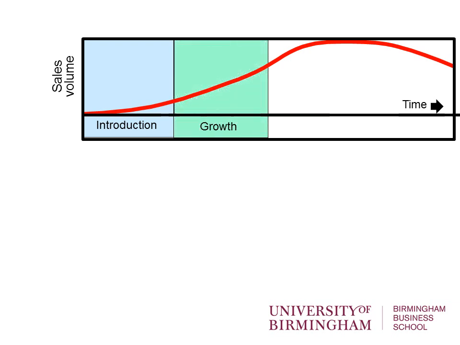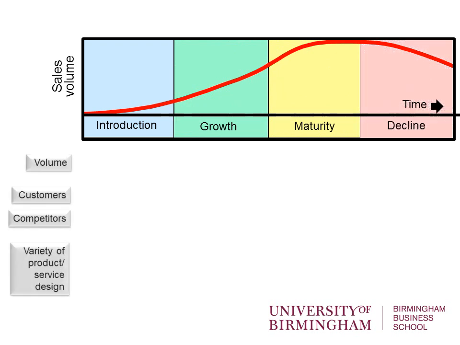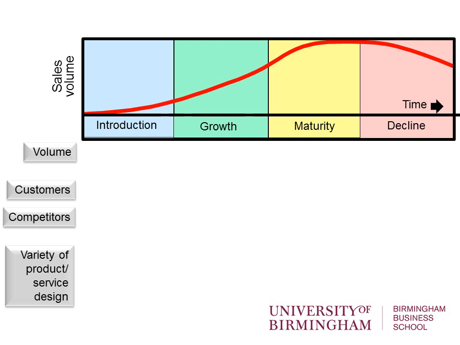So the introduction stage, followed by growth, maturity, and then finally a decline at some point. And down the column there we have the volume of production, the kind of customers who would be there for a product or service, what sort of competitors we could expect to have, and then from the point of view of this session, the important part, which is the variety of product or service design.